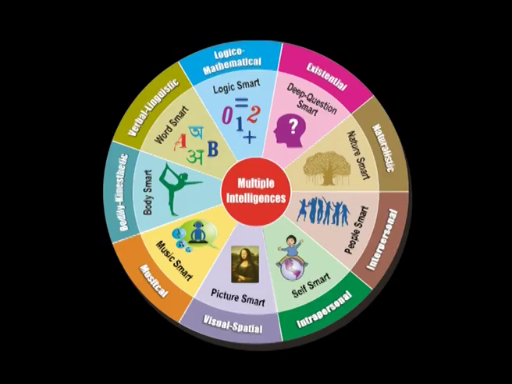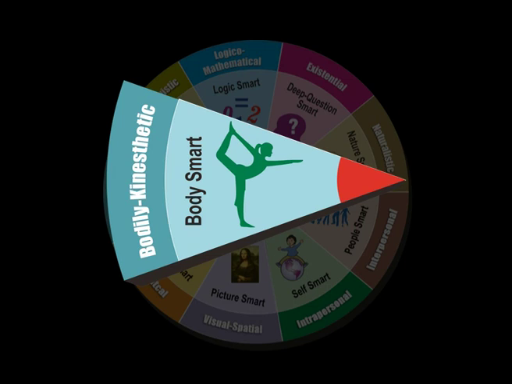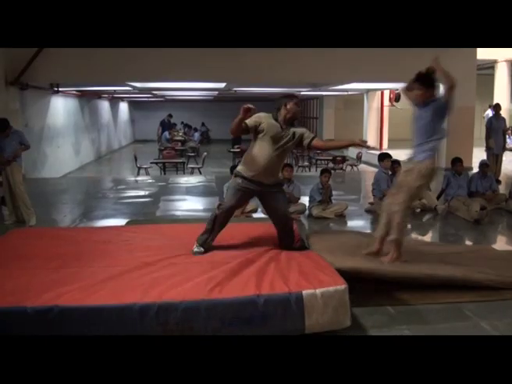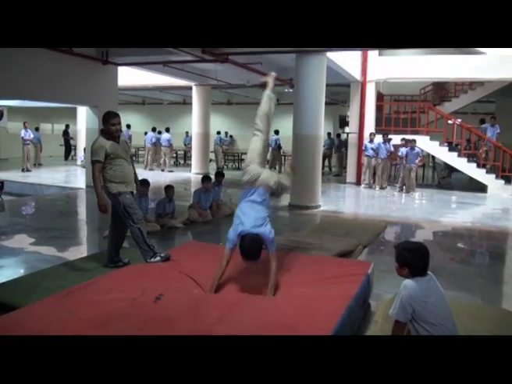Another domain is called kinesthetic or bodily intelligence, also called bodily smart or body smart. Just now we saw a few children jumping around, playing something. There are many other ways.